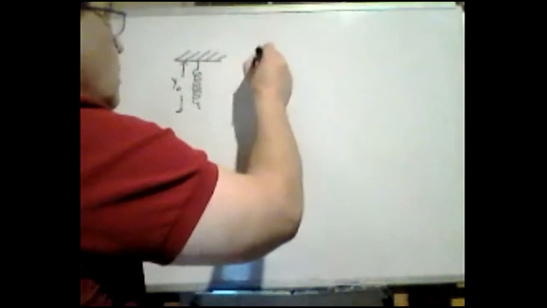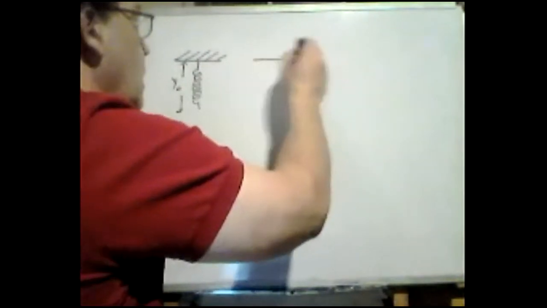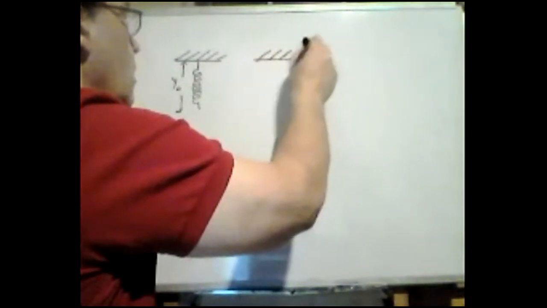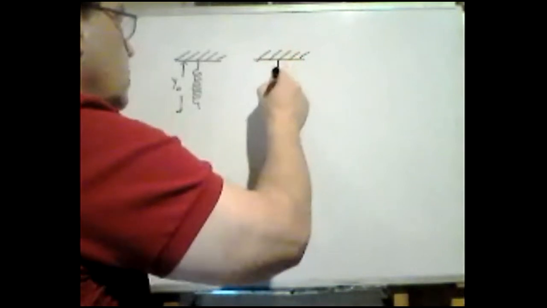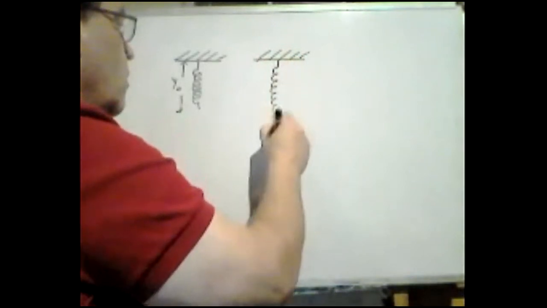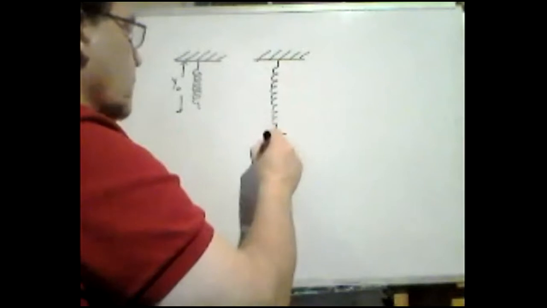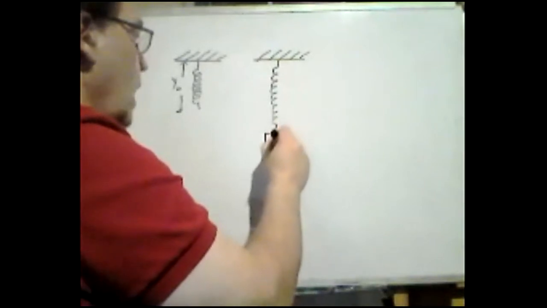Now I'm going to hang a mass on the spring, and I'm trying to figure out what k is. I'm going to take the same spring and hang a mass on it, and it's going to stretch. I know this mass.